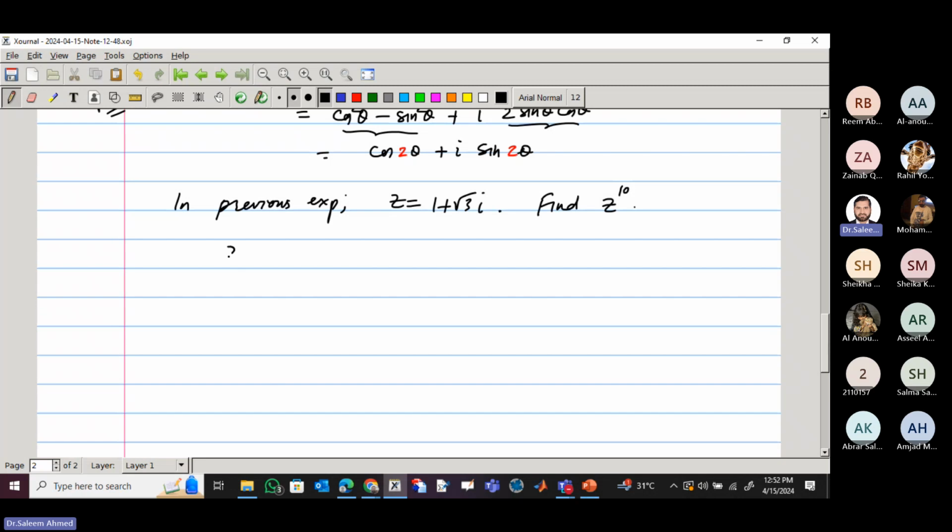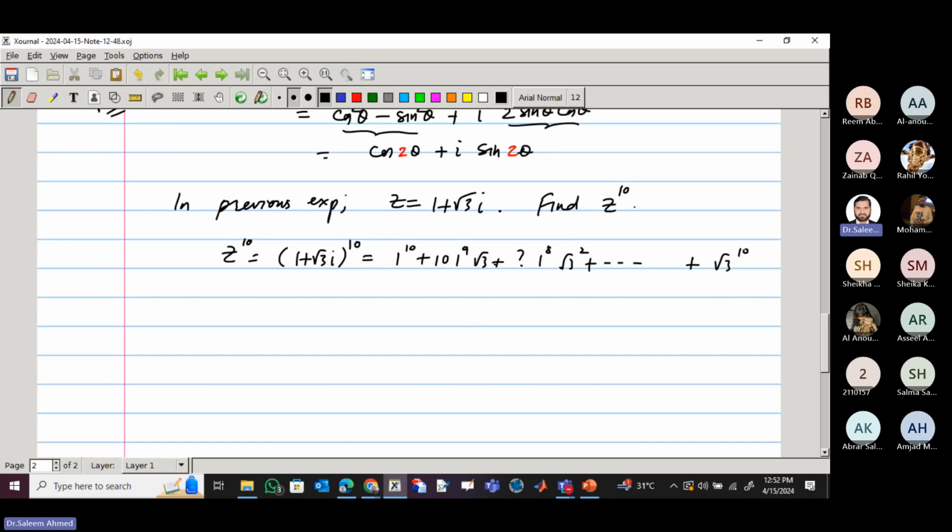Z to the power 10 means 1 plus square root of 3 iota to the power 10. Now it's difficult. There will be 11 terms: 1 to the power 10 plus 10 into 1 to the power 9 square root of 3, plus I don't know what number here is, then 1 to the power 8 square root of 3 square, and keep on going. At the end, you will get 3 to the power 10. So it's not that easy.